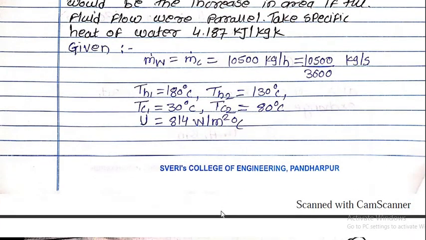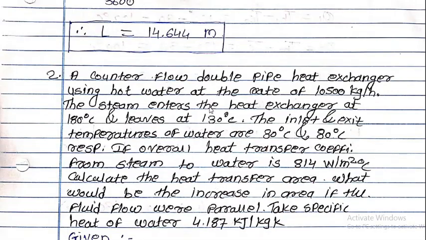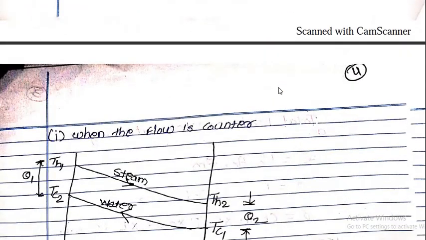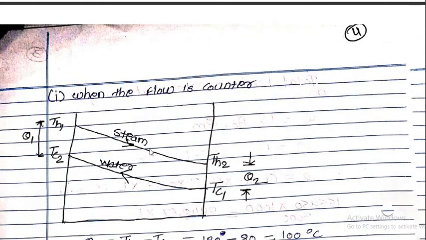Okay, so the flow conditions are also provided. The counter flow double pipe heat exchanger. So we have to consider the counter flow heat exchanger, and for that purpose we have to draw the temperature distribution diagram. In a counter flow heat exchanger both the fluids are flowing opposite to each other. So on one side, where the hot fluid inlet is there, on that side the cold fluid outlet should be there.